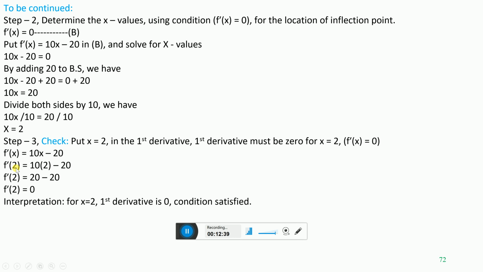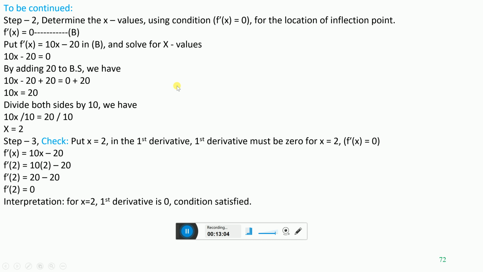Now f prime of 2: x is 2, so I am replacing x with its value 2. So 10 into 2 minus 20, f prime of 2 is equal to 20 minus 20, and the first derivative for 2 is equal to 0. It means the condition is satisfied. When x is equal to 2, at that point the slope of the function will be 0.